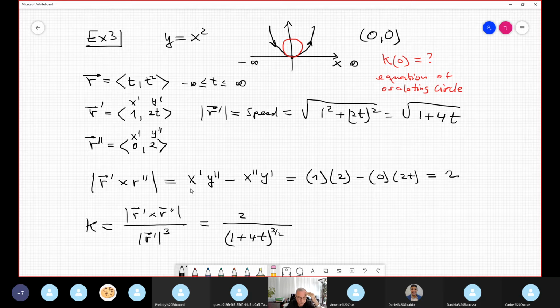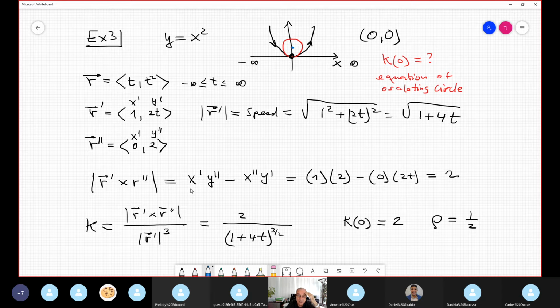So suppose now I want to find the curvature at 0. The point is given at the beginning, no? 0 is here, (0,0). So I plug in 0 here, and it's obvious that it's 2. The curvature is 2, and the radius of curvature is 1 half. And the center of the osculating circle, in my opinion, lies here. What distance? The radius, 1 half.